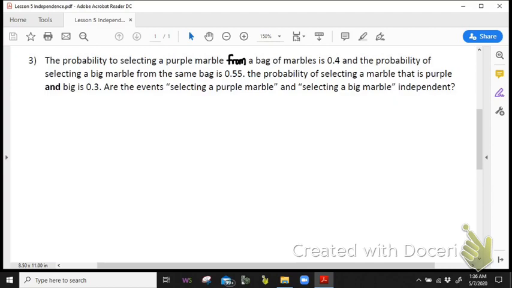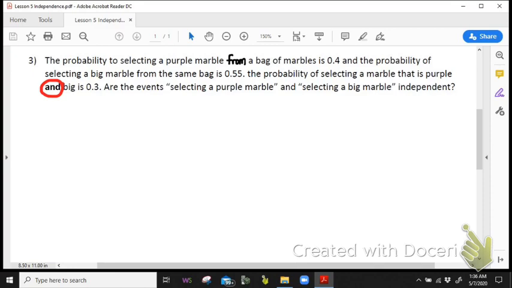Okay, so when you're reading that, the key word is and. The fact that they told us in the third probability, they gave us the probability of events A and B, that tells us that we're going to use the second formula, the compound formula.